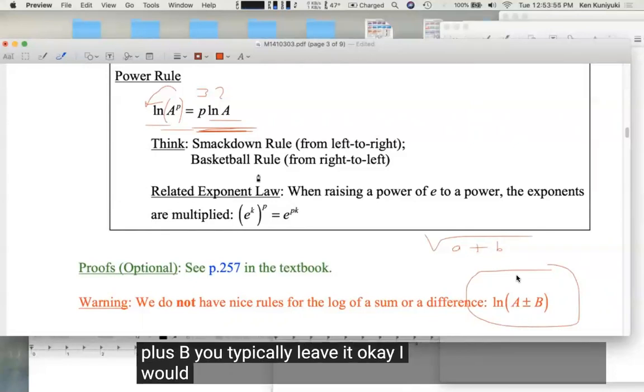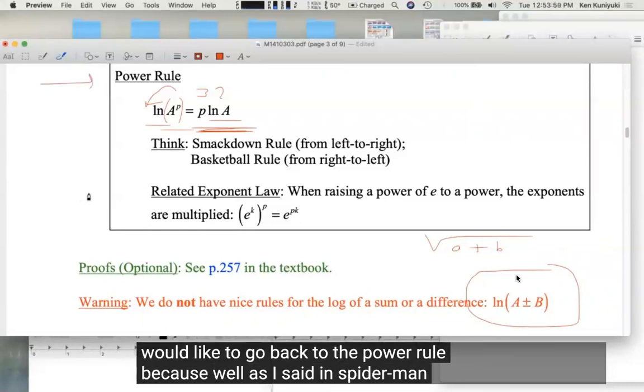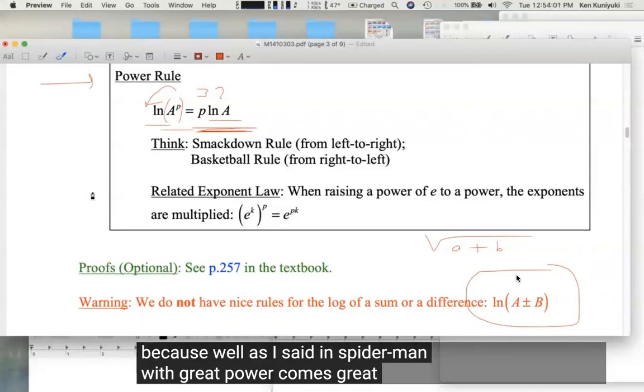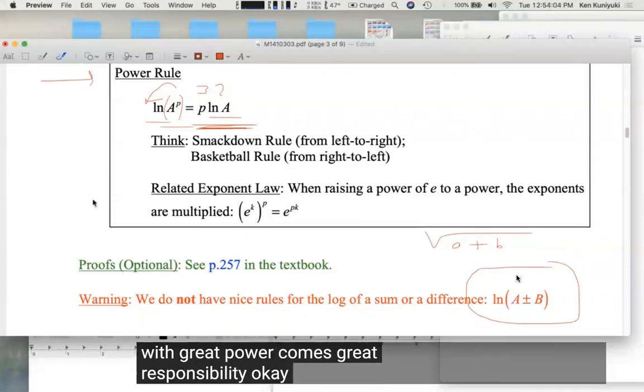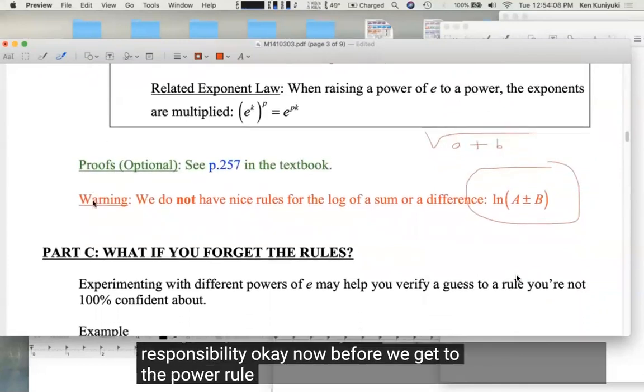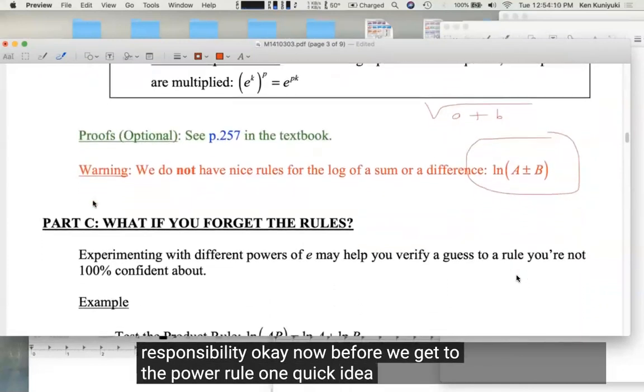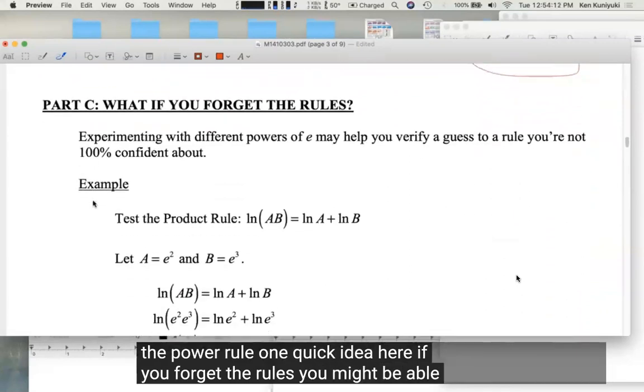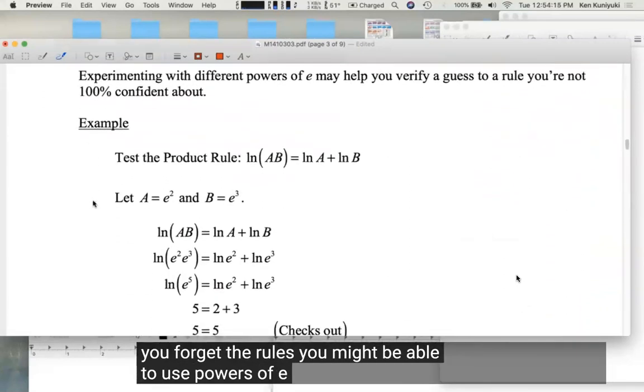I would like to go back to the power rule because, as they said in Spider-Man, with great power comes great responsibility. Now, before we get to the power rule, one quick idea here. If you forget the rules, you might be able to use powers of e.